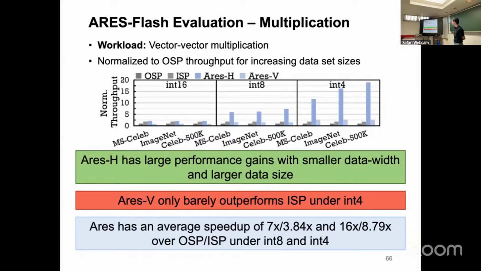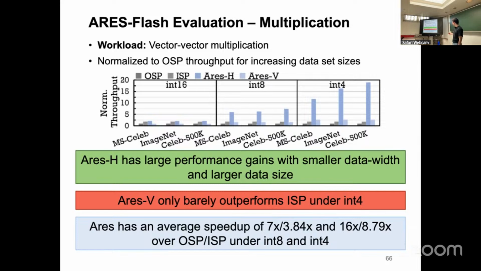And again, it gets better with smaller data width and larger data size. However, RSV only barely outperforms in-storage processing under Int4, and it only gets worse as you increase the bit width. And I think they didn't even bother to show 32-bit integers.